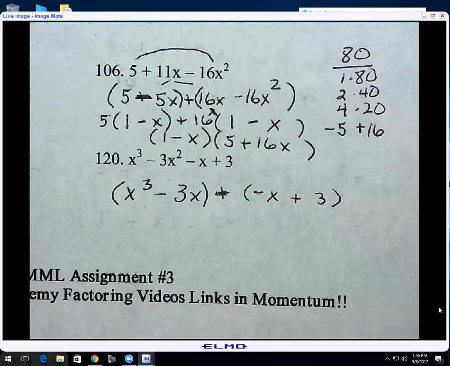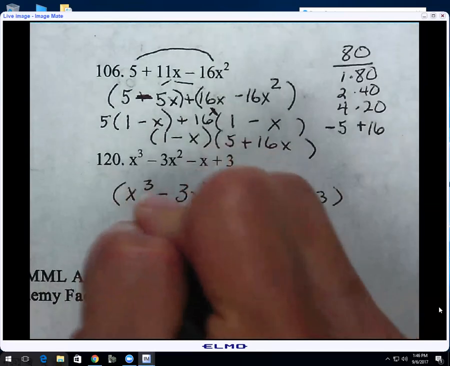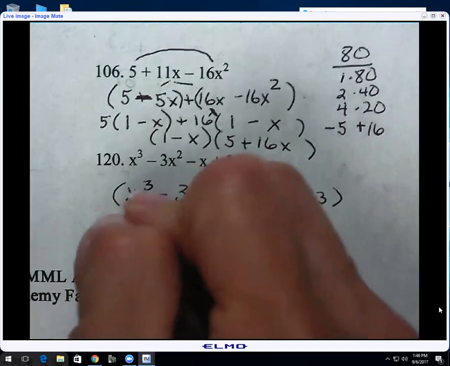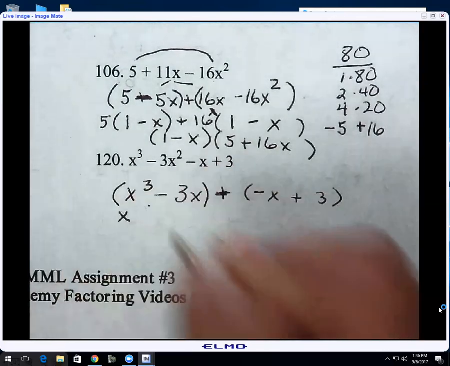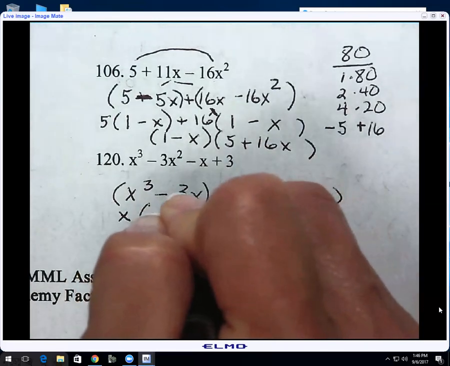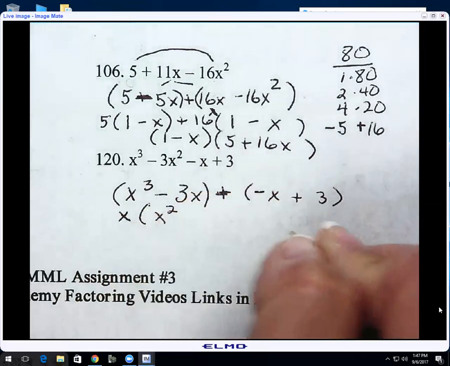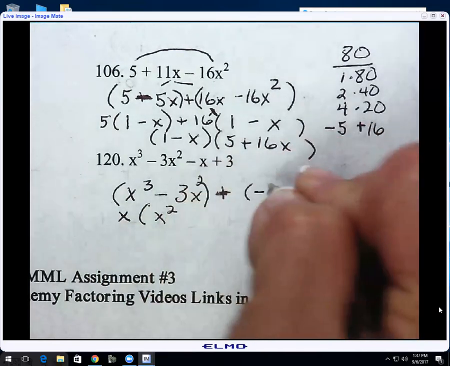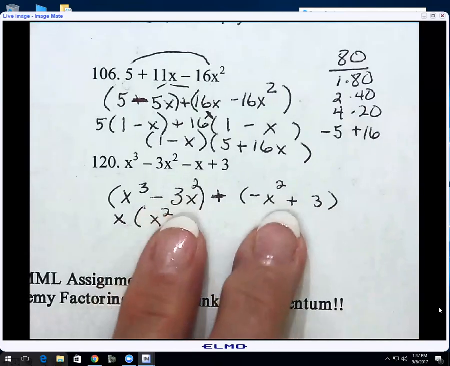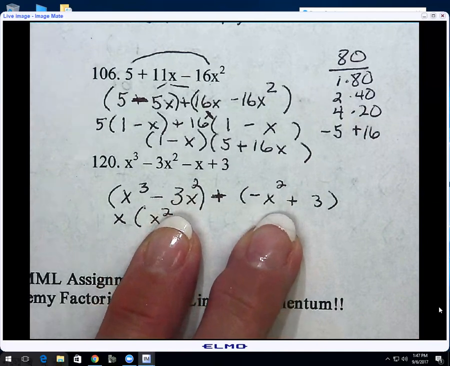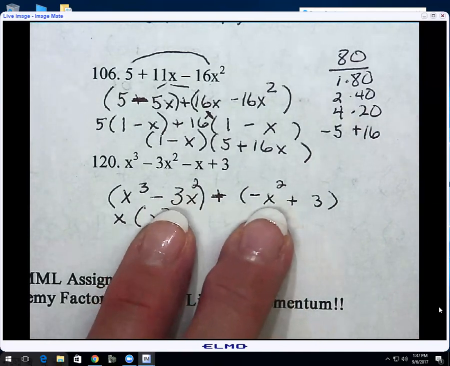What can you factor out of the first group? 2x. I think just an x. Out of the first group? Yeah. Just an x. And if I factor out an x, what does that leave me? Something's wrong. Doggone it. Yep. Look up. Make sure you copied that down right. I did not.